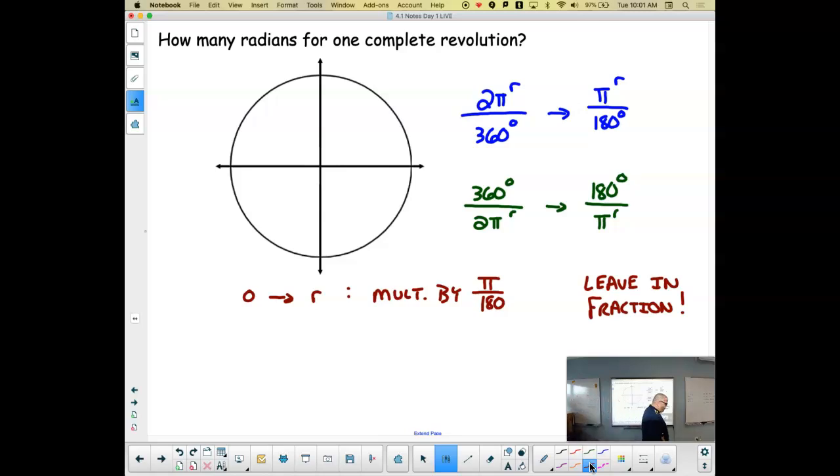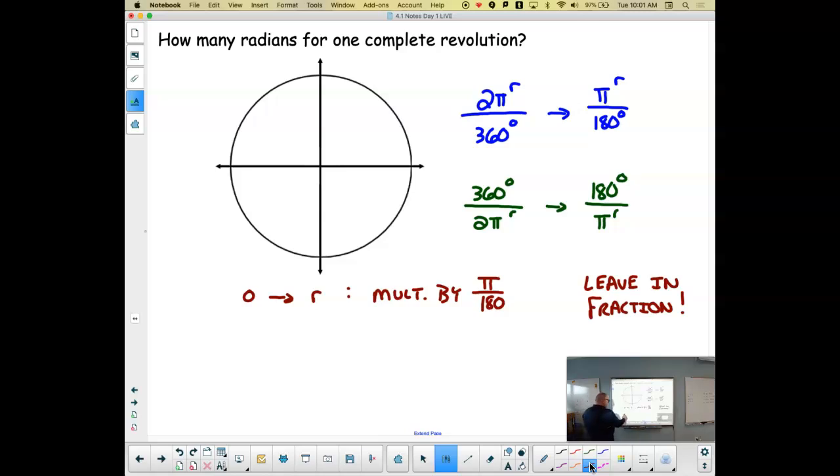So we might have something like pi over 6, or 2 pi over 3, or 11 pi over 5, or 11 pi over 7, or something like that. We want to leave our answer in fraction form whenever possible.